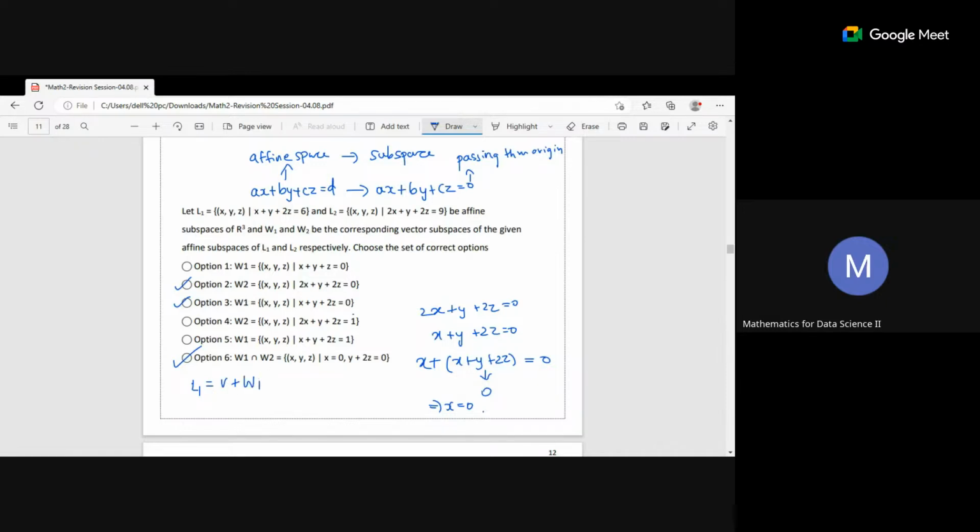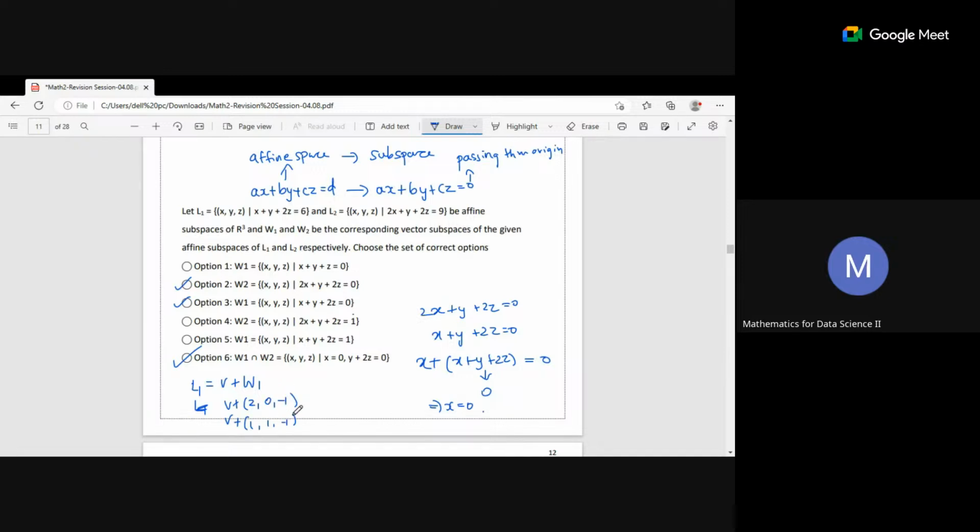Suppose you have two elements: v plus a vector which satisfies this condition x plus y plus 2z. Maybe I can give you something like 2, 0, minus 1. I guess this satisfies this condition. The other vector is v plus, maybe I can take 1, 1, minus 1. So now these two vectors are elements of L1.